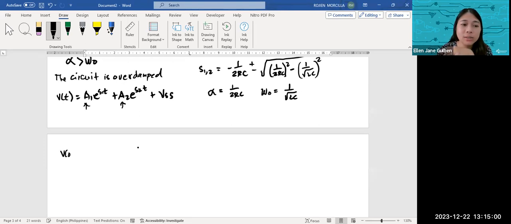V at 0 is equal to A1. Wait. We will need to determine the S first so that we can get that out of the way.